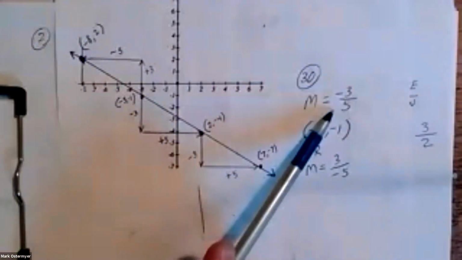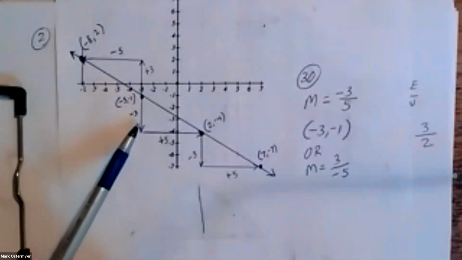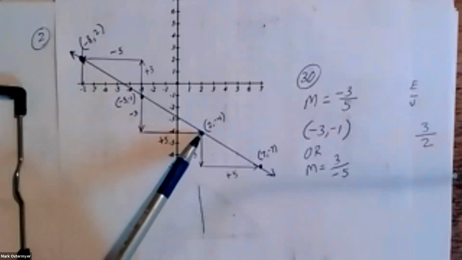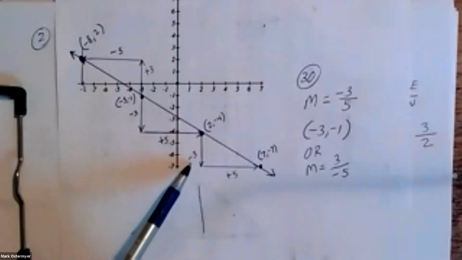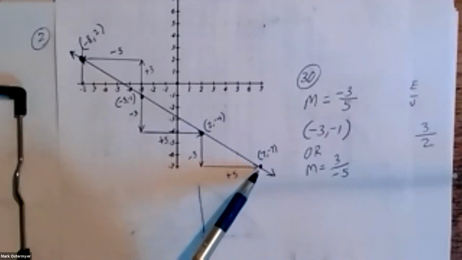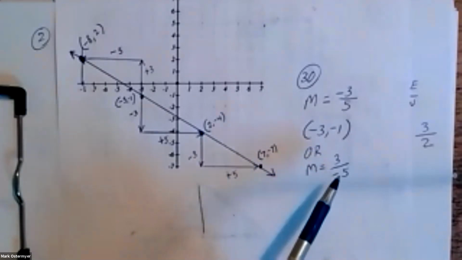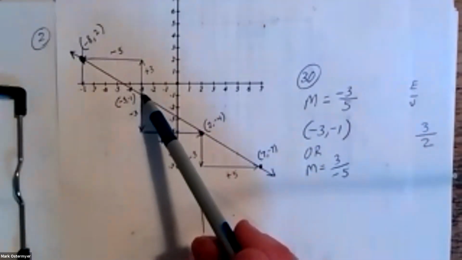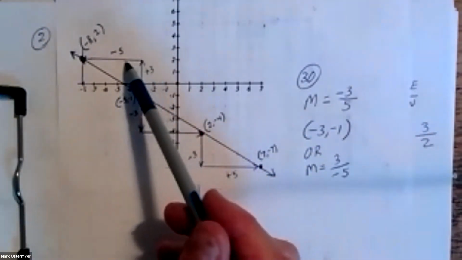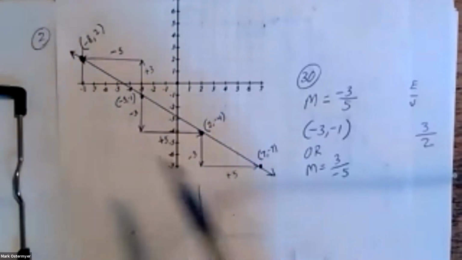If you view it as -3/5, that means you go down 3 units and then 5 to the right, and plot another point. Or maybe you want to look at the slope as positive 3/-5, in which case you start at this point, go up 3 units, then 5 to the left, and plot a point.